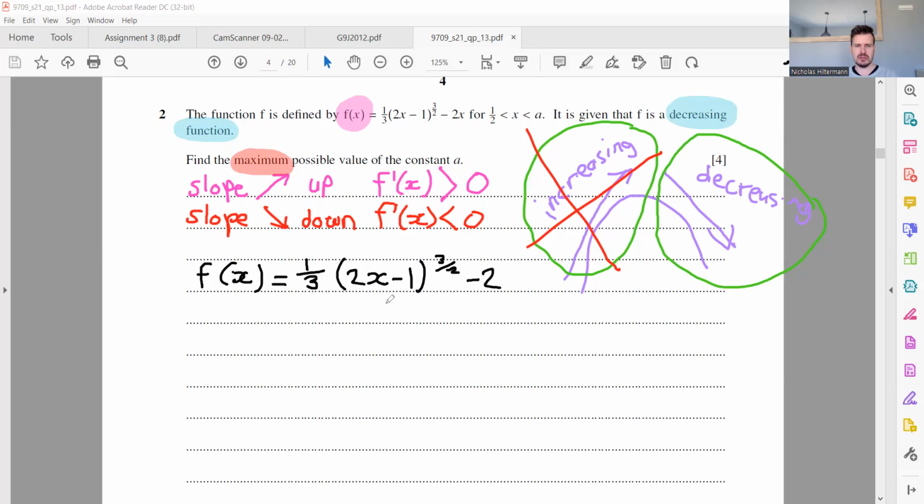So what I like to do is, if you have a bracket with an exponent on the outside, in order to differentiate, you need to do what's called the chain rule. And I like to call it the inside-outside rule. So we talk about the inside as being whatever's inside the bracket, and then the outside as being whatever's outside the brackets.